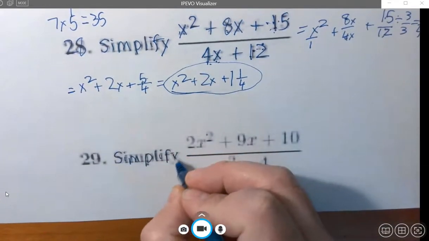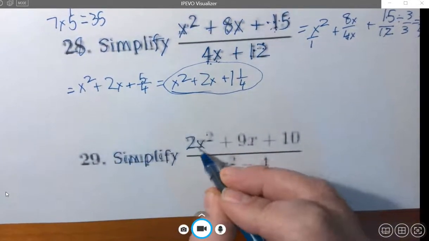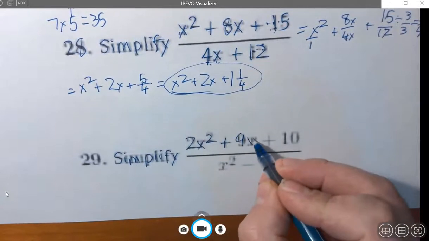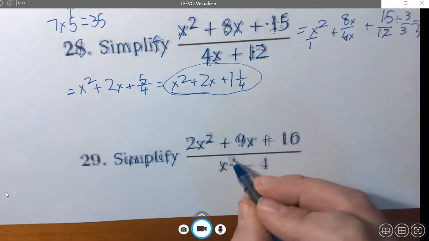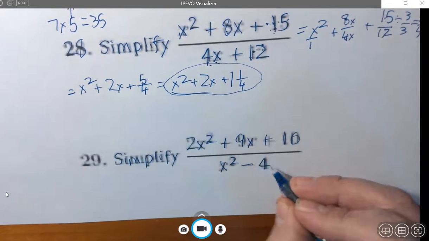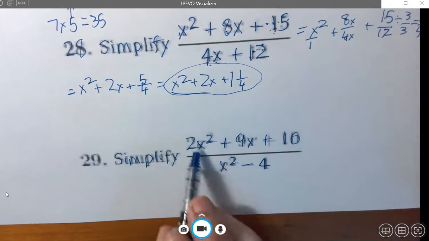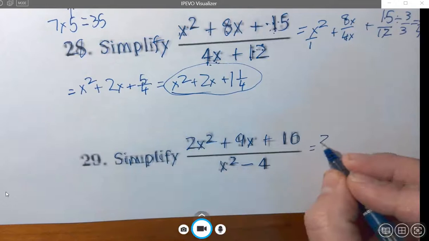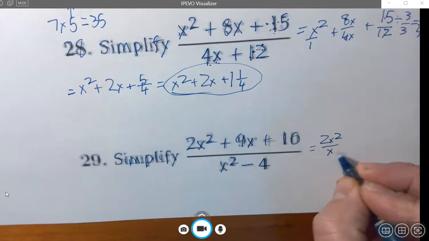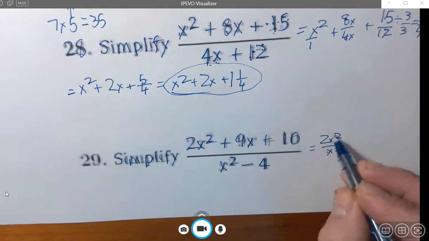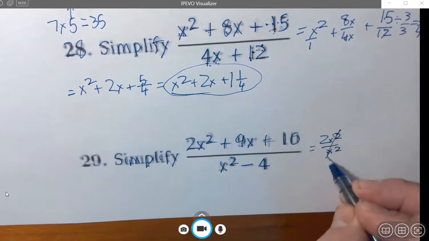Simplify. Again, we have a trinomial on top, 2x squared plus 9x plus 10 over x squared minus 4. Now, these x squareds here are common, so I could put 2x squared over x squared. Guess what? x squared over x squared equals 1. That cancels out. That becomes a 2.